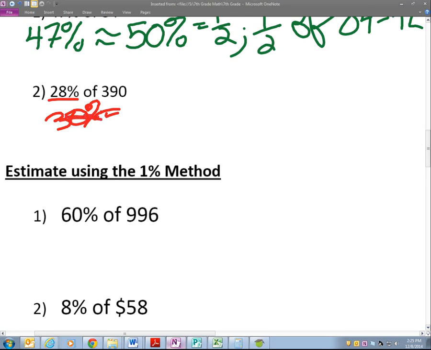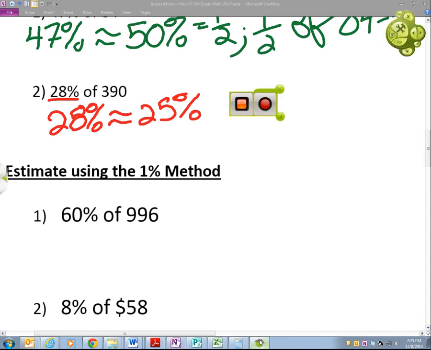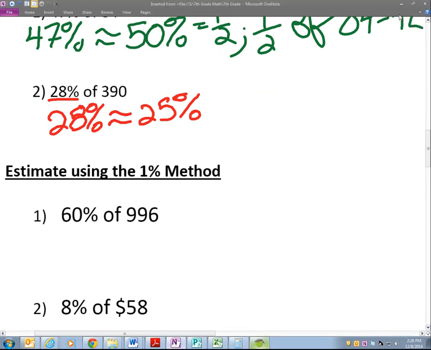But let's do something different than the other classes did. How about this? 25%. Well, 28% is similar to 25%. Let's write this down. 28% is almost 25%.